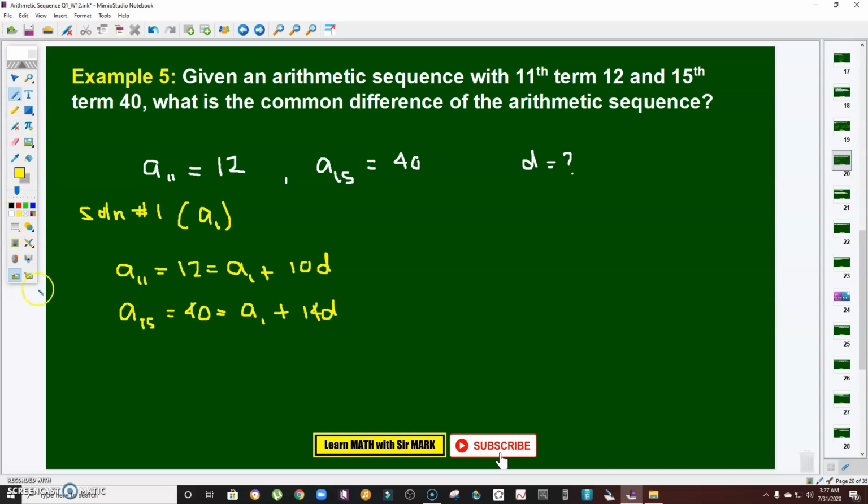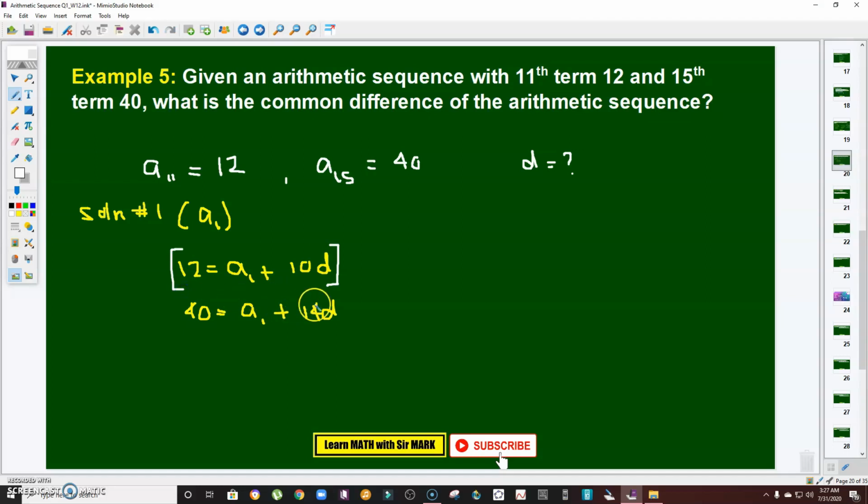Allow me to erase this. So, yung 15th term natin at 11th term natin. Note that we are after d. So what we have here actually, guys, is two equations in two variables. Therefore, we can solve it by substitution or elimination. In this case, I'm going to solve it by eliminating the first term.